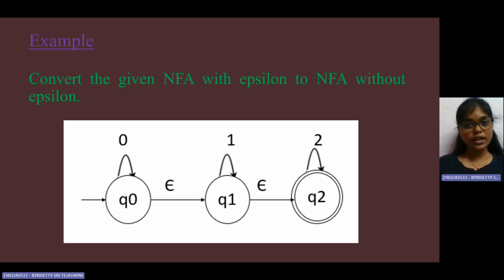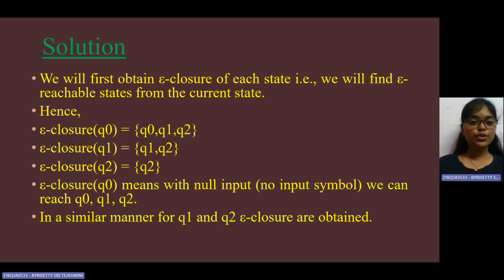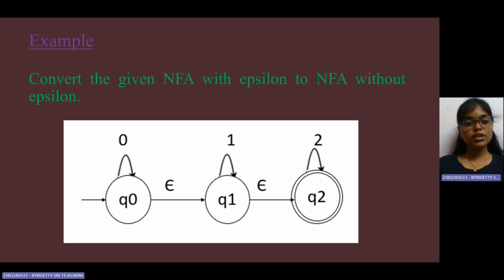For every state, the epsilon closure should be found. So epsilon closure of q0. The first state q0, the epsilon closure is q0 itself, and with epsilon it moves to q1, and again with epsilon it moves to q2. So the epsilon closure of q0 is q0, q1, and q2.